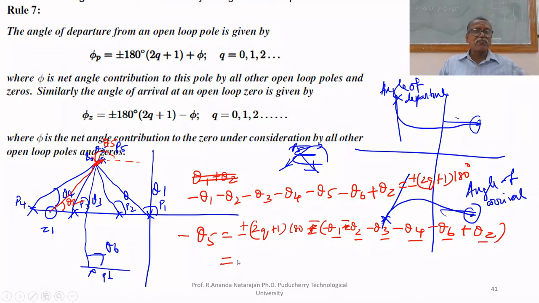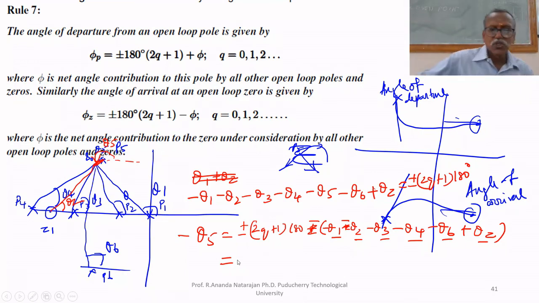Angle of departure from P5. Therefore, I am finding the net angle by joining P5 and all other poles and zeros. That is P5 and P1, P5 and P2, P5 and P3, P5 and P4, P5 and P6, P5 and Z1 are connected.